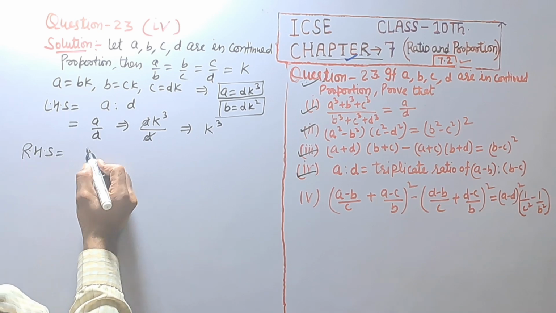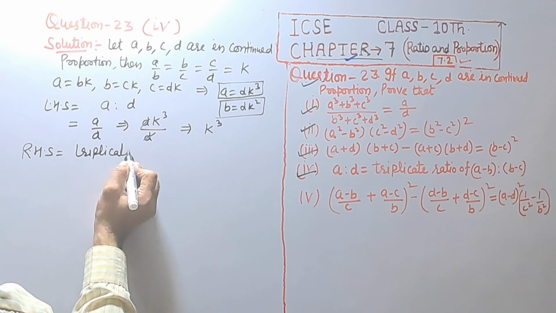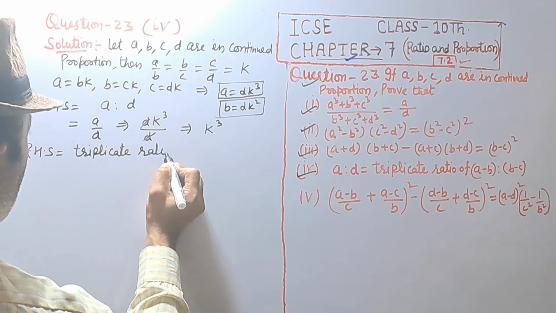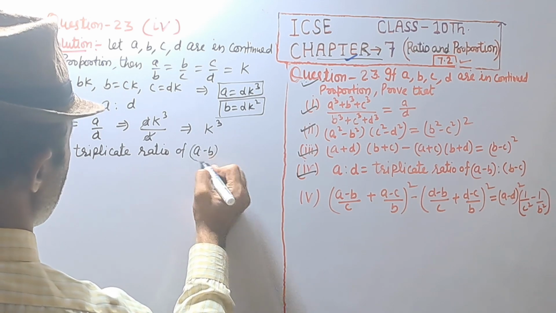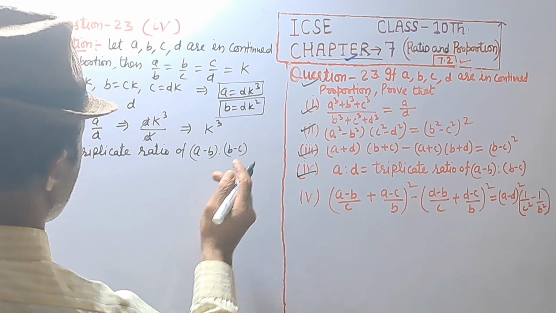Right hand side is equal to triplicate ratio of a minus b ratio b minus c.